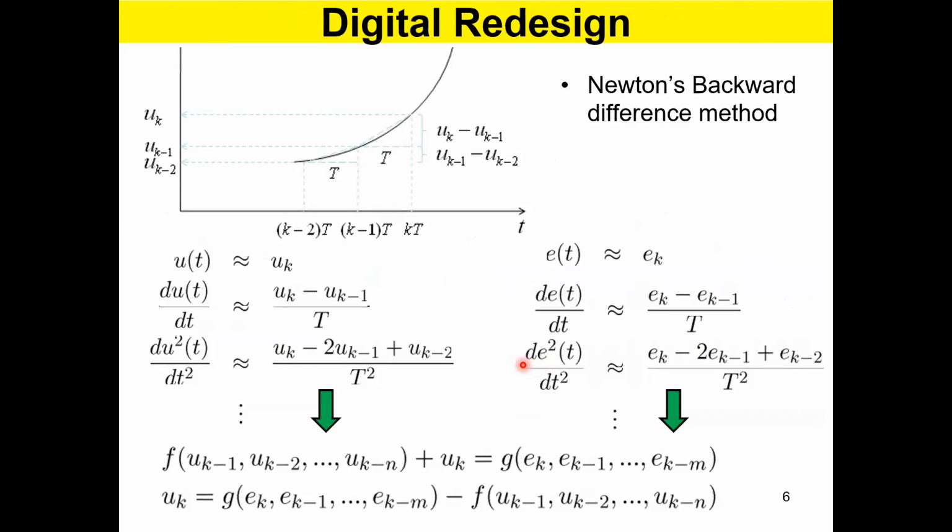Why? I know how to calculate different derivatives in discrete time. Everybody knows it. Now let's say this is my continuous time curve, and I take samples like that. This is my time. At the kth moment, I have my time kT, then the sample uk at that moment.